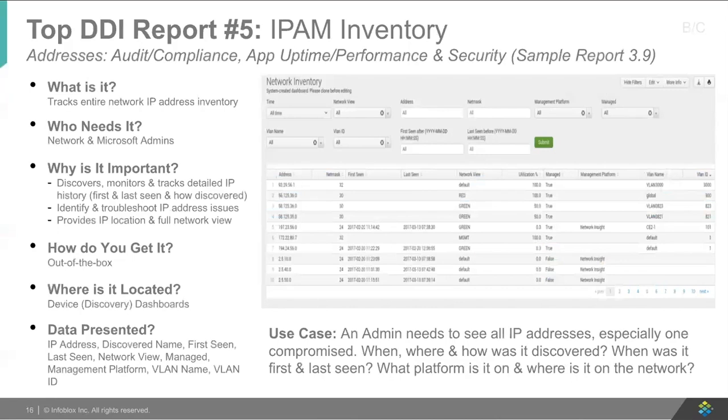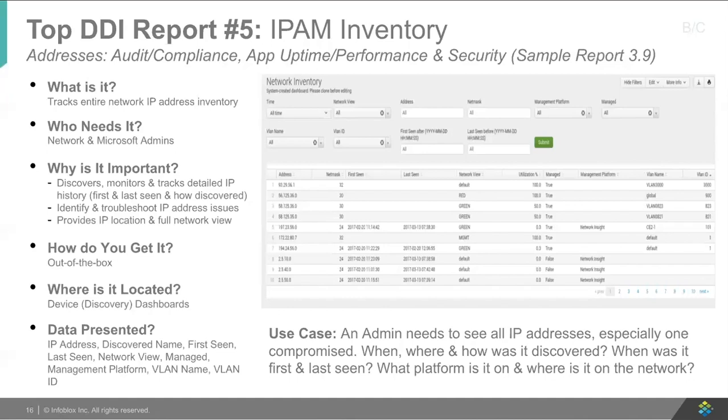Right. So this is going to tell you what's on the network. What IP addresses, what device has the network, that IP address, what network is associated with. We discover the history, when it was last seen, when and how it was discovered. Is it a DHCP lease or is it a fixed address?